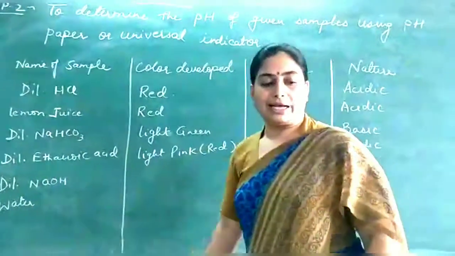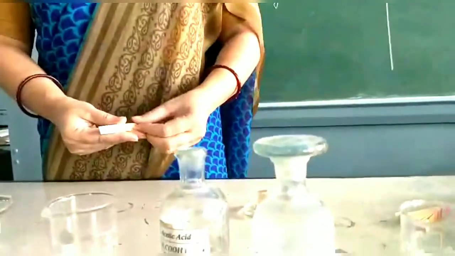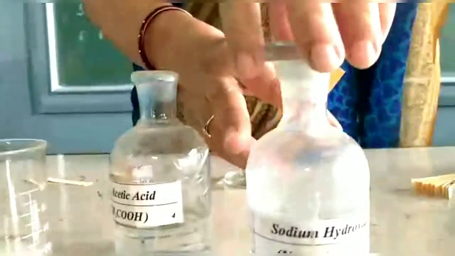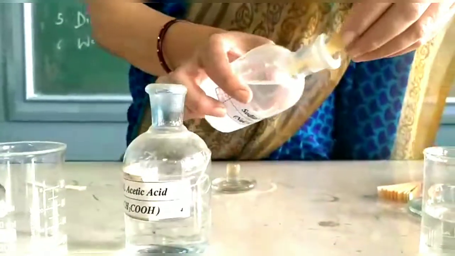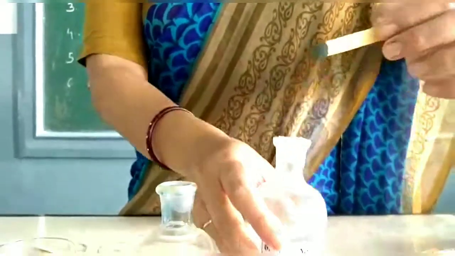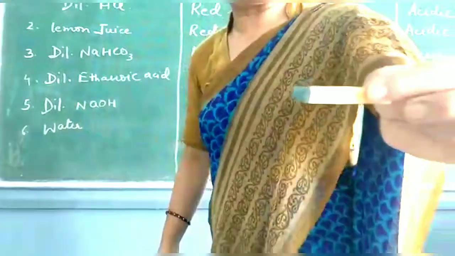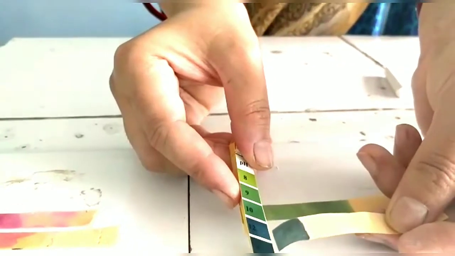Now we'll move to dilute NaOH. For dilute NaOH, I have solution, and I'll take this strip and dip it in the solution bottle of dilute NaOH. We'll find a strong change in color. Let us move to this strip and we'll find that it matches with this pH 14.